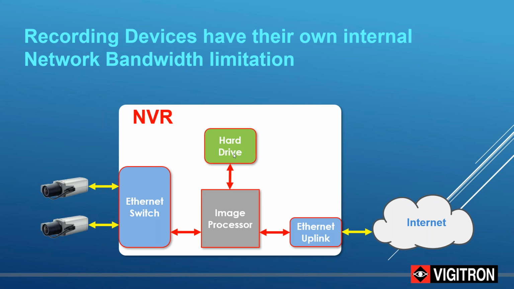One we just spoke about, which is the input port itself and the amount of bandwidth. But that system is writing to a hard drive. That has a bandwidth limitation. In some cases, we're recording and we're viewing it. That has a bandwidth limitation. And all of these are compounding within the NVR or the VMS system itself, limiting the amount of overall bandwidth that the system can handle.